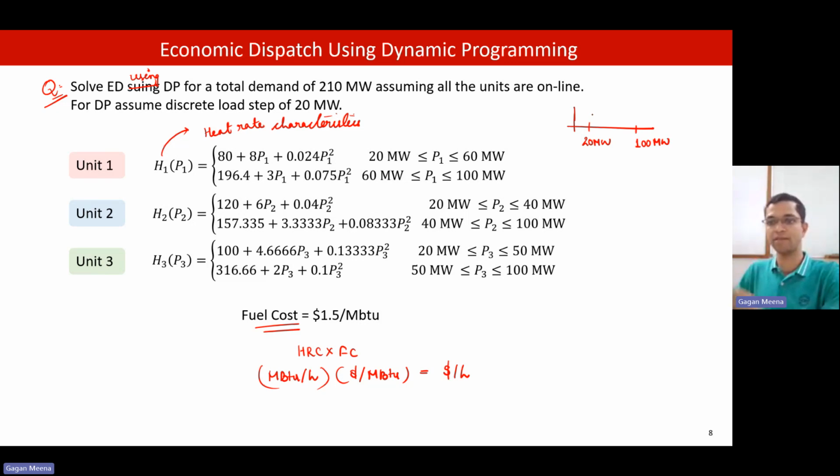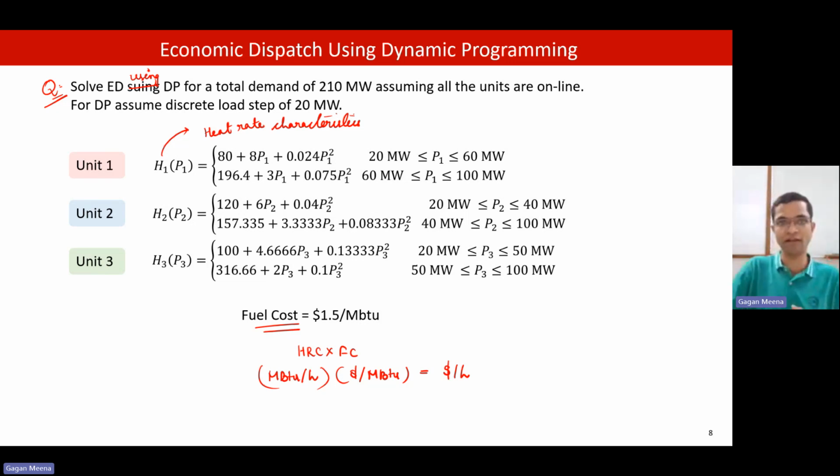But in between, they behave differently. It's not that there is a single quadratic cost curve, but there is one step in between. For generator 1, it is at 60 megawatts, for 2 it's at 40, and for the third it is at 50 megawatts. So in between they have different characteristics, and we will see the graph in the next slide.